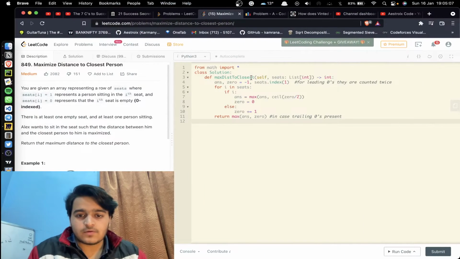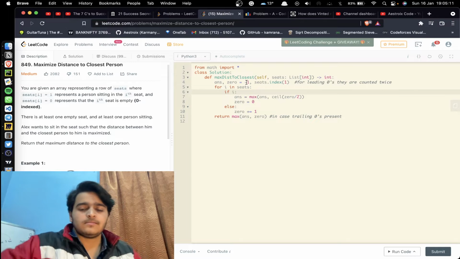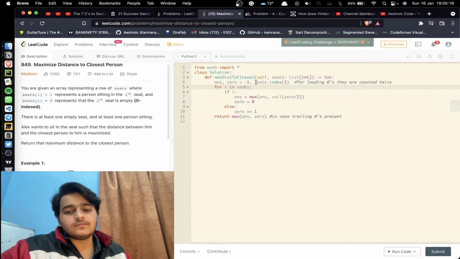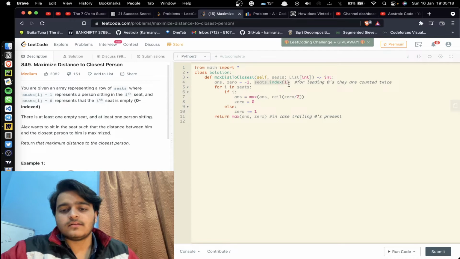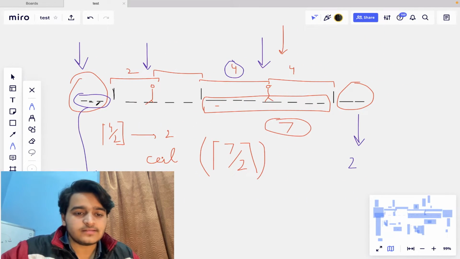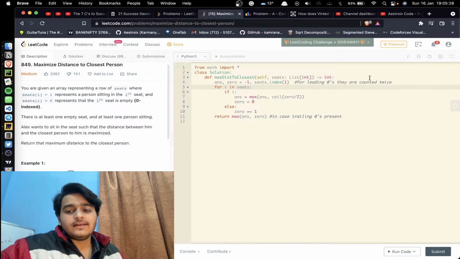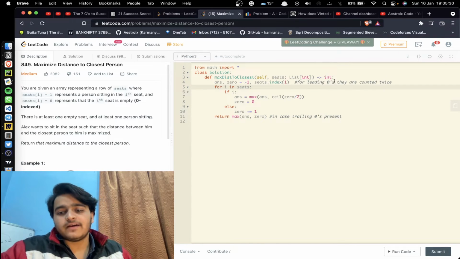If you want to see the code, I've first taken the answer variable and initialized it to -1. I've taken 0, which is equal to seats.index(1), because it is just counting the number of empty seats at the front. So the leading zeros are counted twice. Why?